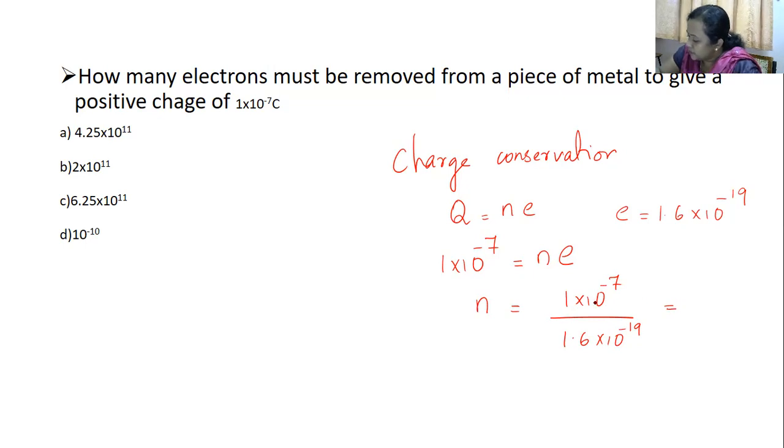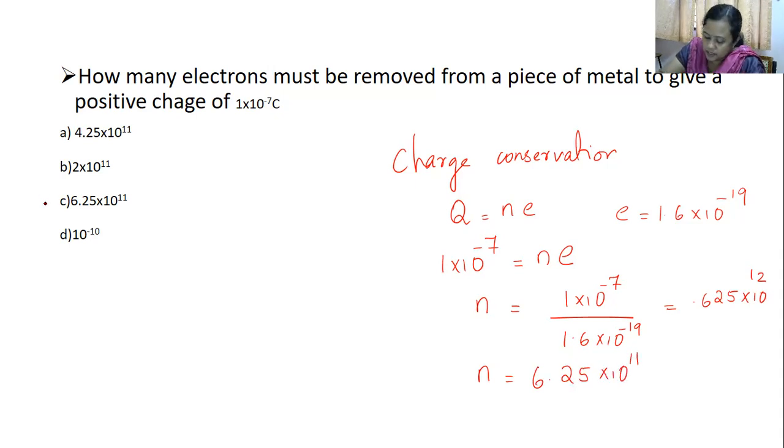So that becomes 1 by 1.6, and we will get 0.625 into 10 raised to 12. Looking into the options, the number of electrons that must be removed from the metal is 6.25 into 10 raised to 11. So the answer is option C.